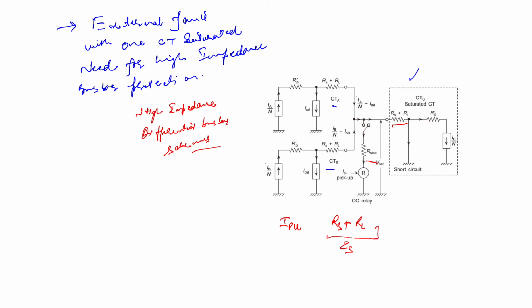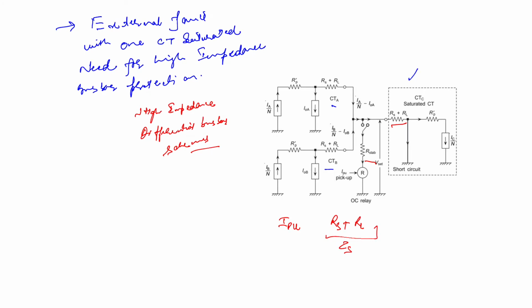This is given by the expression V set equals (IA/N minus I0A plus IB/N minus I0B) into ZS.